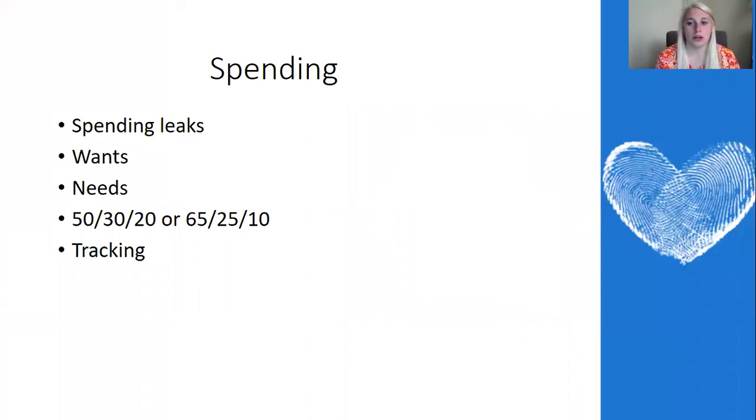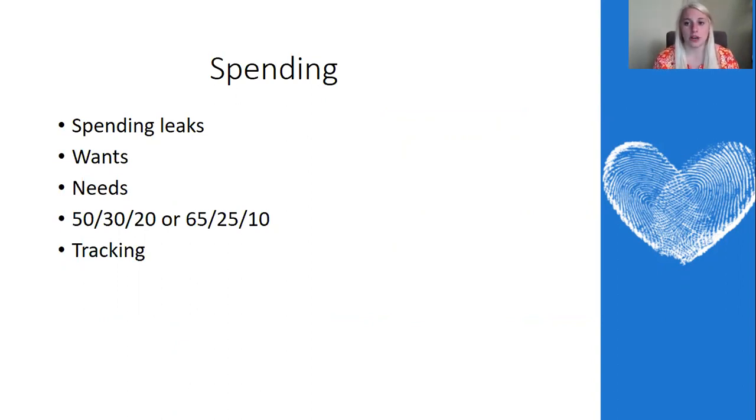So spending, what is it? There are 5 components of spending that are important to talk about. They're not necessarily linked together, but they are all part of maximizing that income and adjusting your budget. First, spending leaks. This is the number one thing that we see happen in everyone's budget. Everyone out there has had some kind of spending leak along the way.